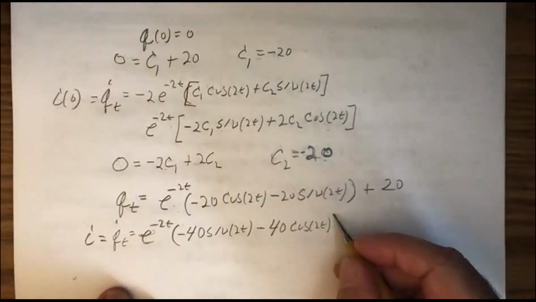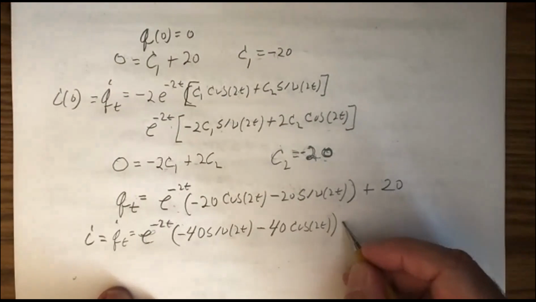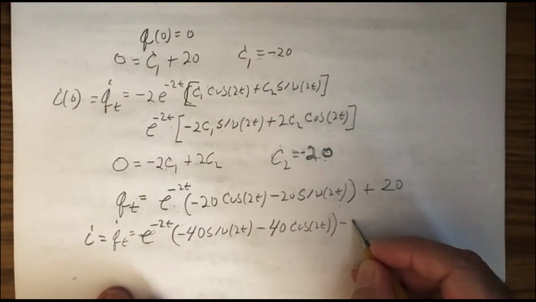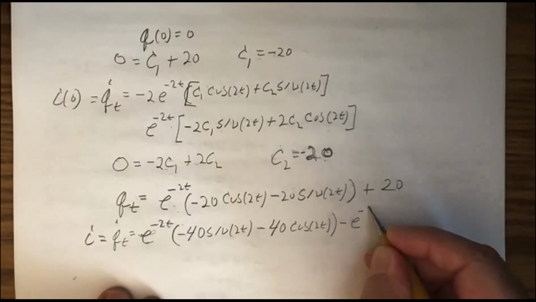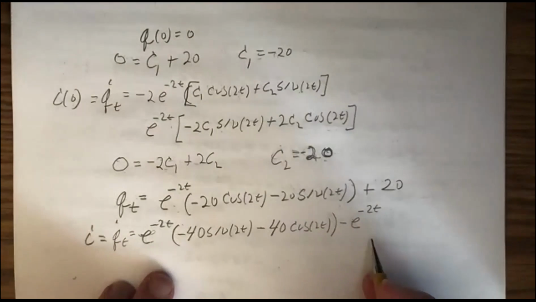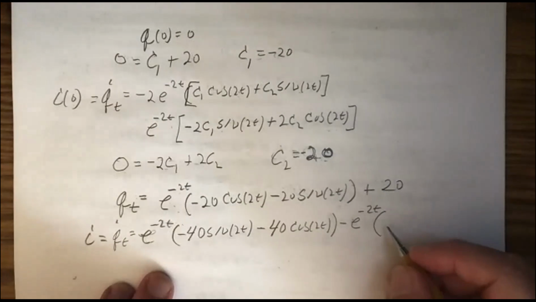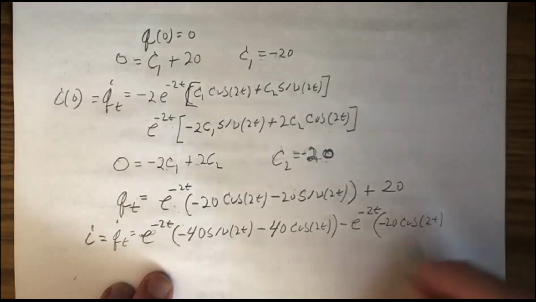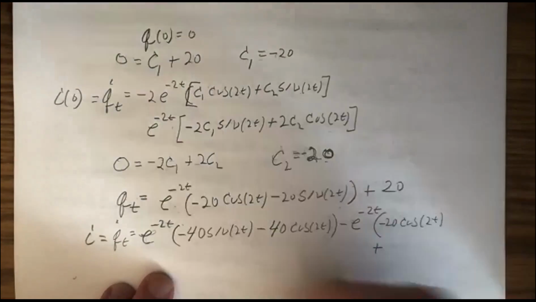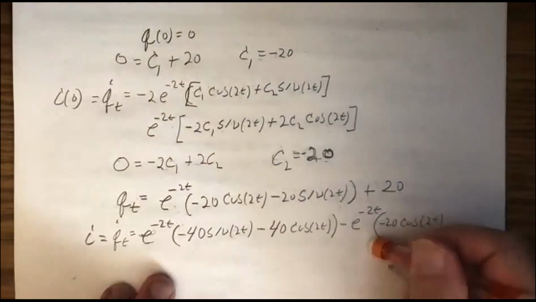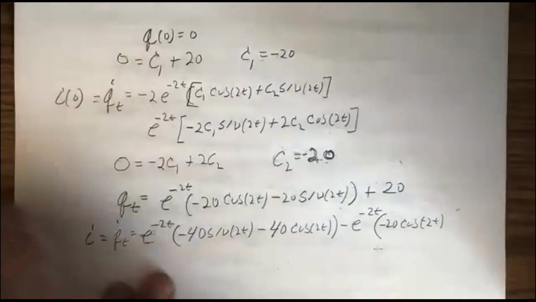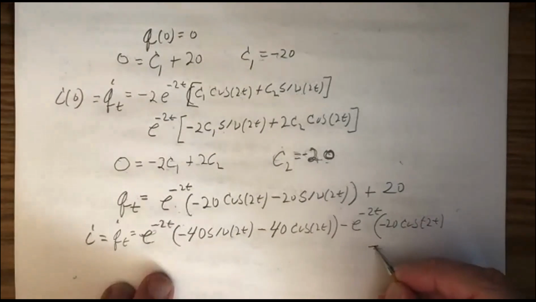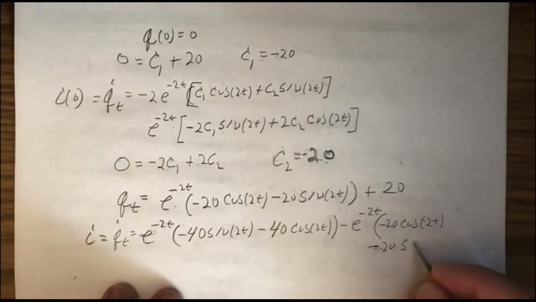And I got to use the product rule. So now here this is going to be a minus e to the minus 2t, right? And then this is going to be minus 20 cosine of 2t plus minus 20 sine of 2t, right?